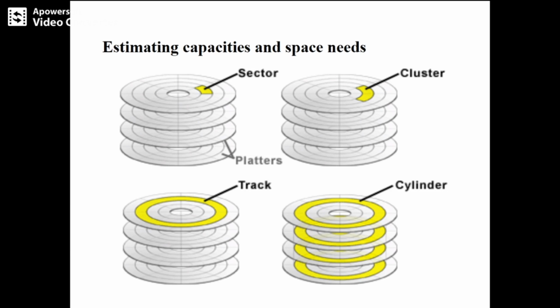Before that, let us go over what exactly a sector is, what a cluster is, track, cylinder, etc. If you see this diagram you can understand what a sector is. Every platter, this is a disk platter, carries tracks.